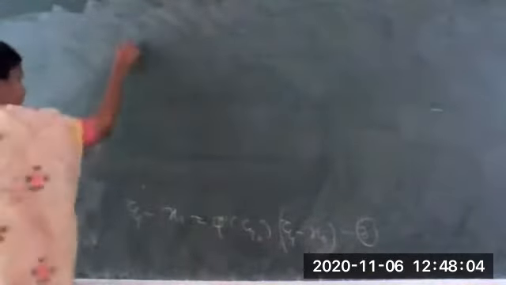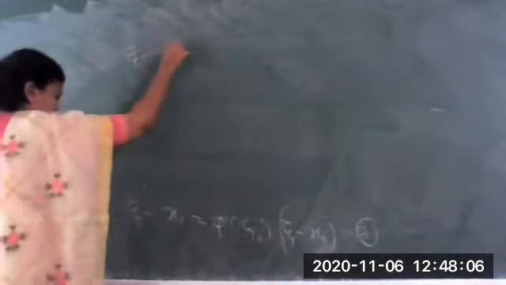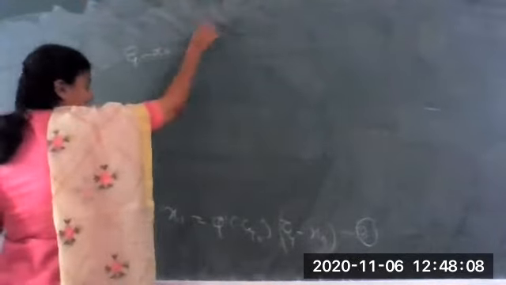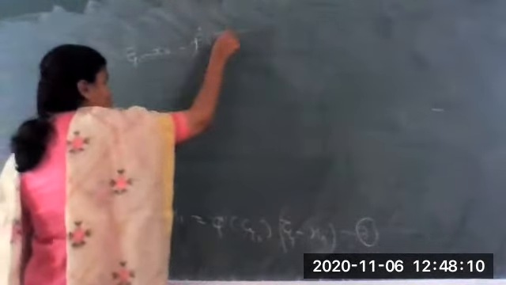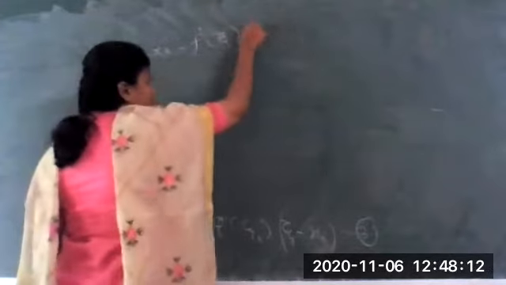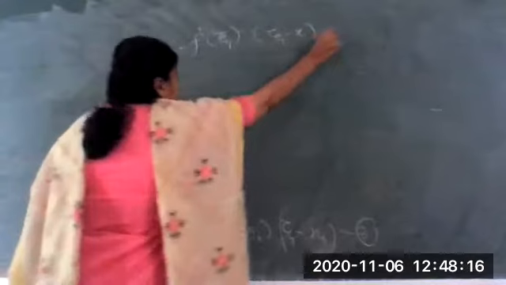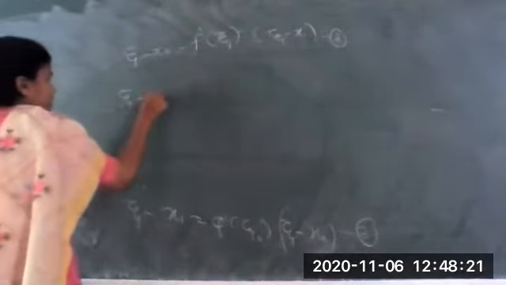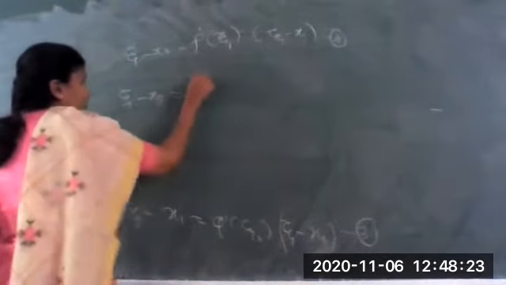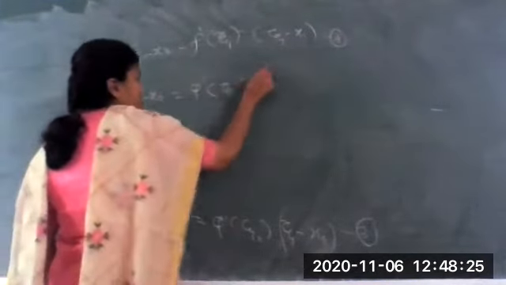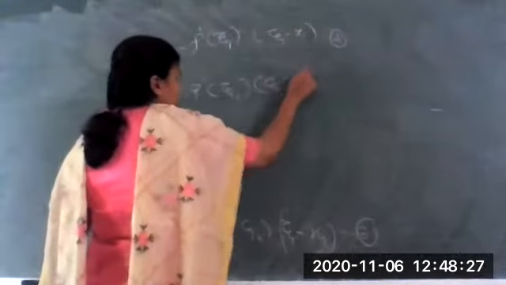In this way we can write down the next equations. What will be the next equation? I can write zeta minus x2 equals phi dash of zeta 1 into zeta minus x1. This is our equation number 4. Similarly, zeta minus x3 equals phi dash of zeta 2 into zeta minus x2.